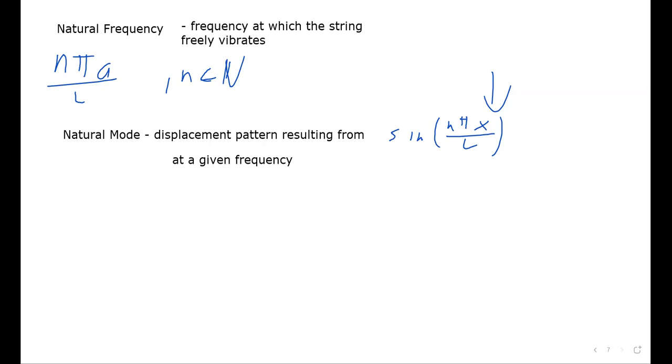And now last thing before we move on to another example is the wavelength of the mode of frequency n pi a over L is going to be 2L over n.